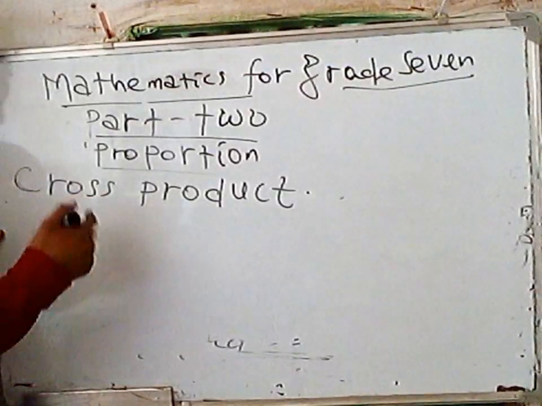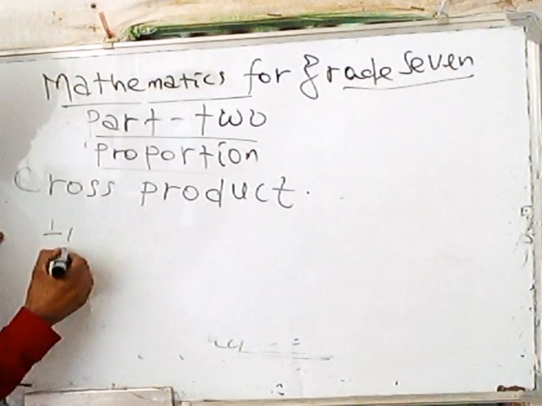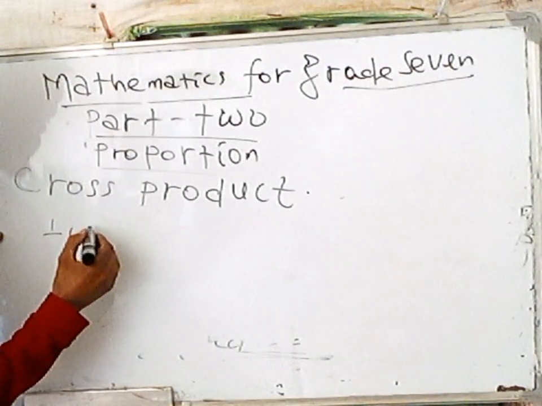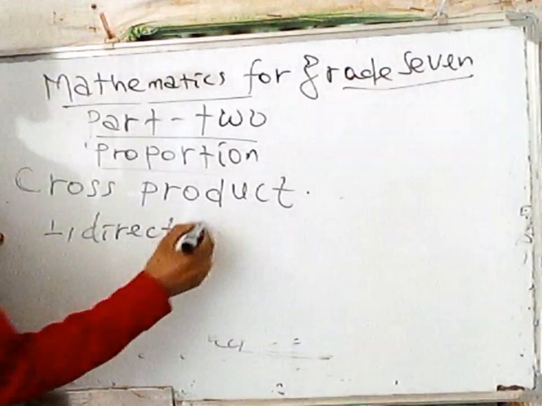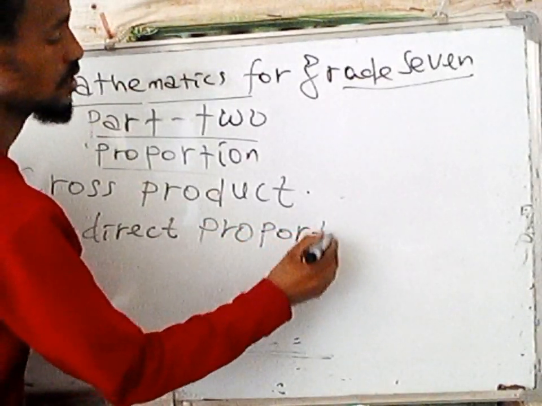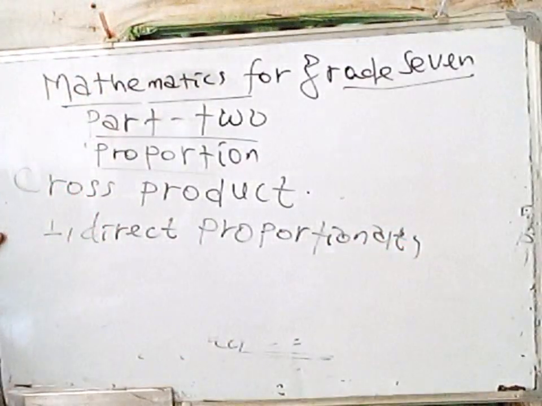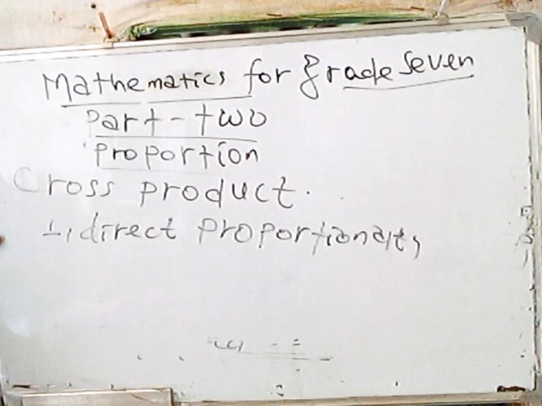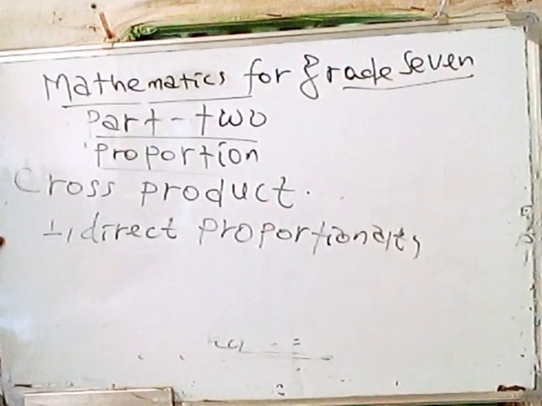After this, there are two types of proportionality. One is direct proportionality, a proportion having a constant k between the two terms where one term is the constant multiple of the other.